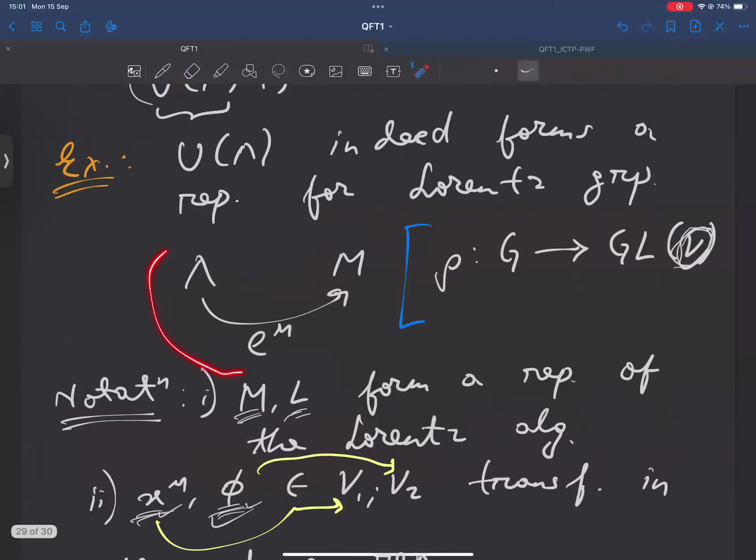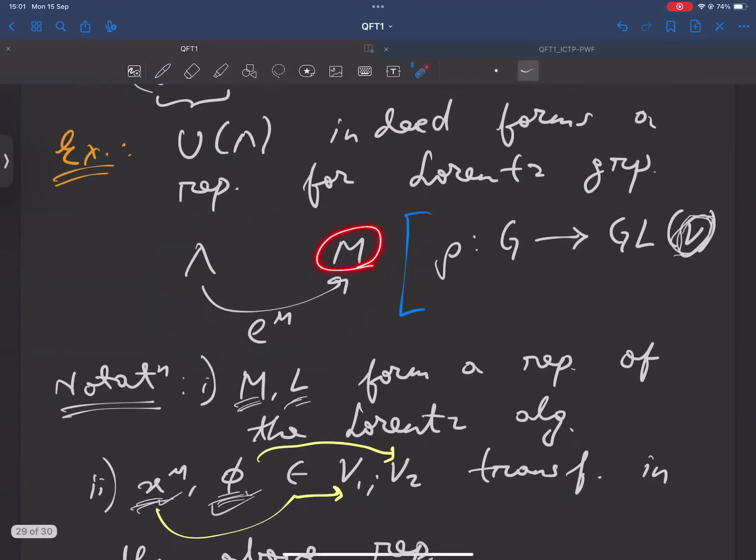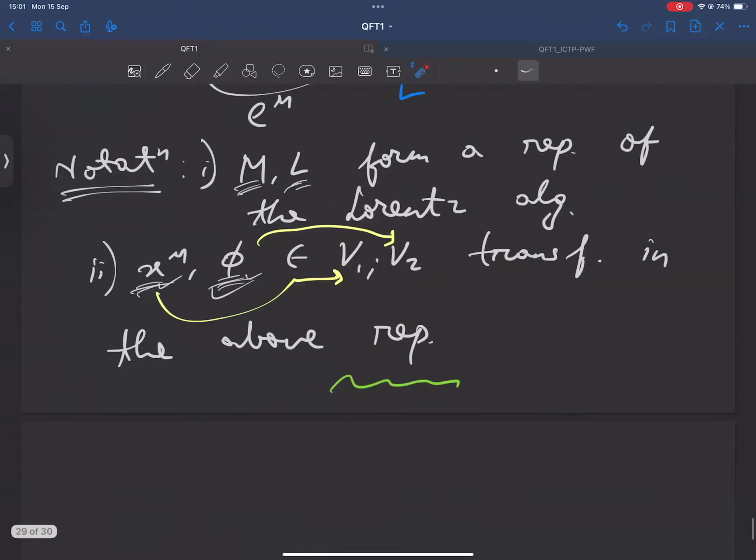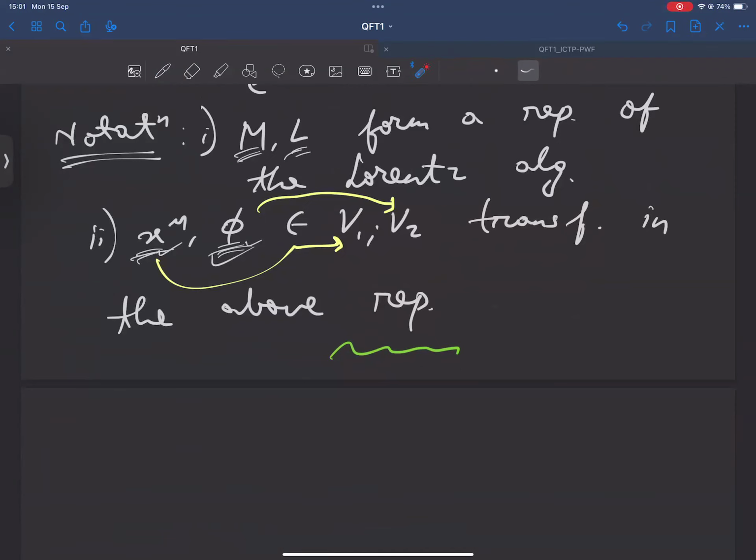So, for instance, if you take an object in the Lie algebra, which is M, and then you exponentiate it, you get the group. So, in this sense, it generates the group. Okay, so it generates the symmetry. The symmetry is captured by the group, so it generates the symmetry. So, all linearly independent elements of the Lie algebra are the Lie algebra generators.